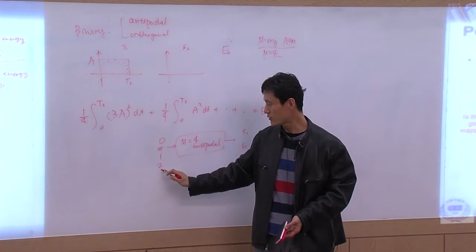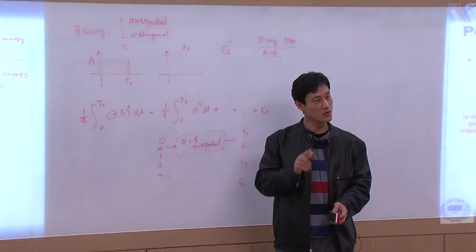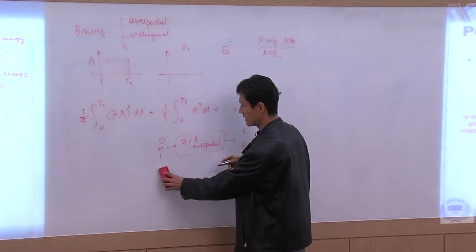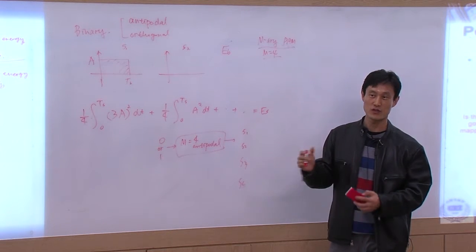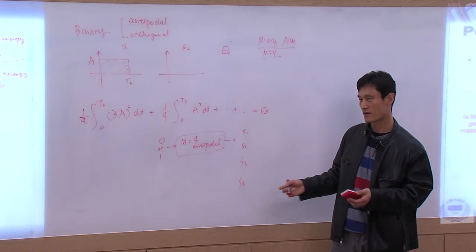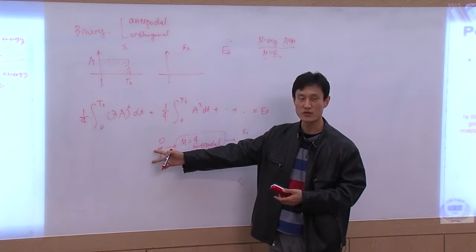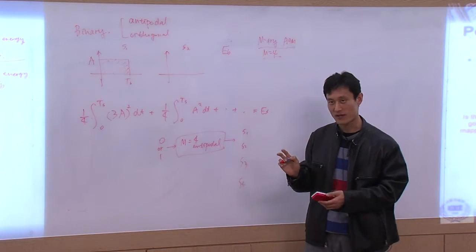Do you have a 2 and 3 in bits? No. Bit is always 0 or 1, right? Only 2. Then how do you do mapping? That's the question. We need to do mapping between bits and symbols, but we have only 2 values in bits, so we cannot do direct mapping.